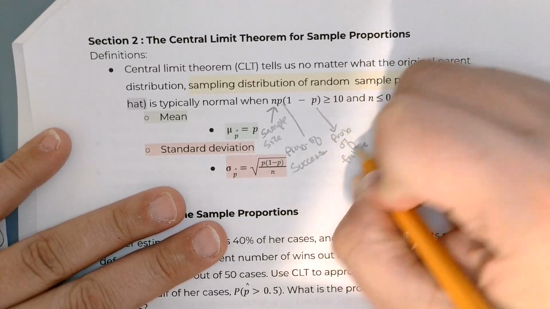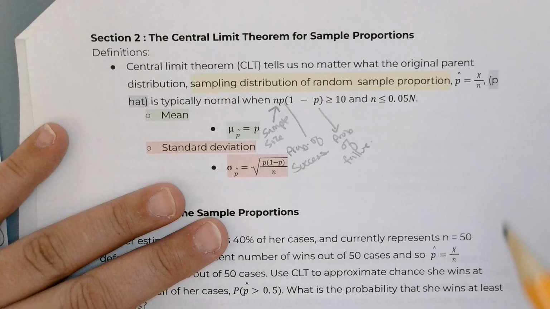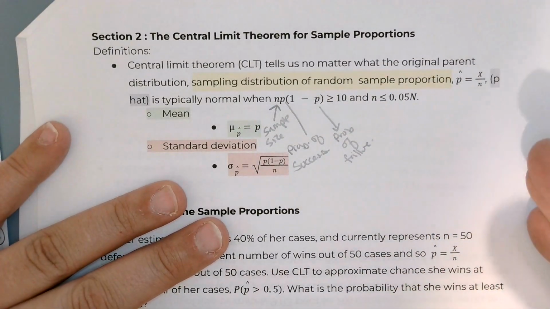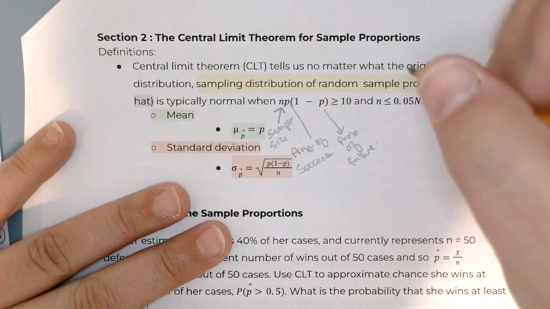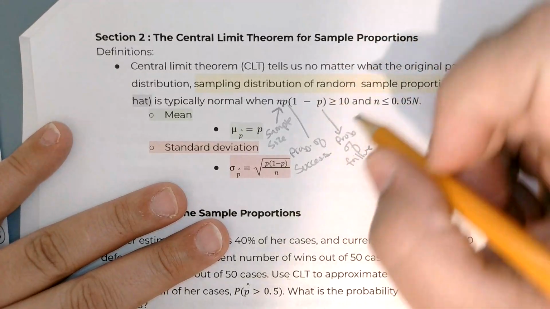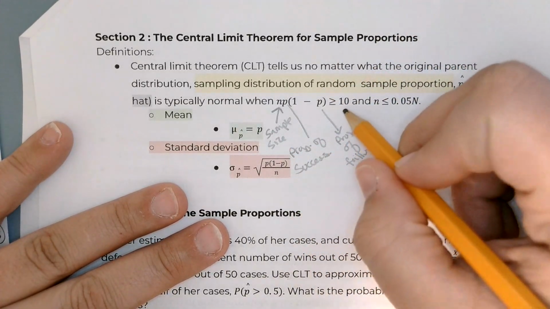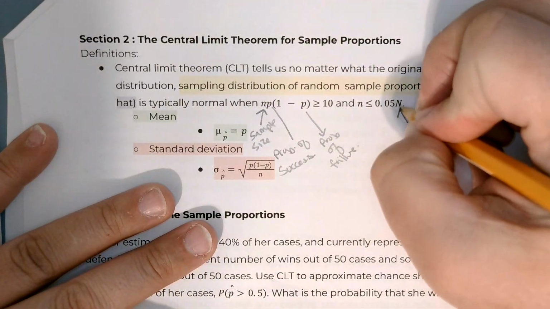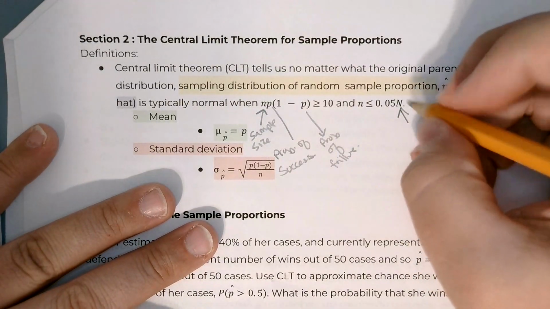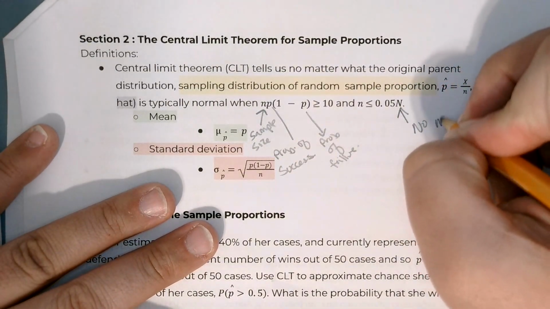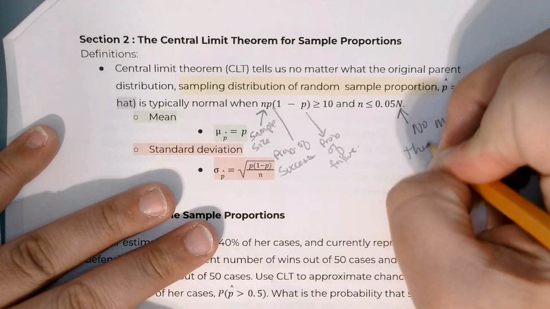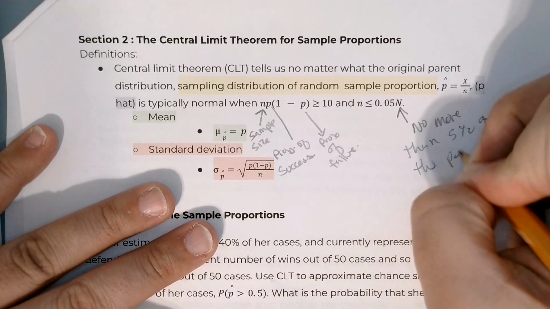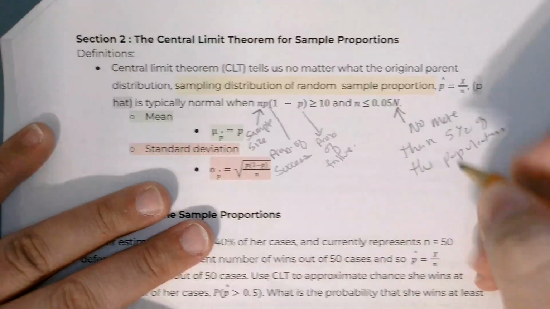So if we're looking at a binomial distribution, we can still use the central limit theorem, as long as, when I multiply all of this together, we have a number that's greater than or equal to 10, and we can ensure independence of outcomes. So no more than 5% of the population can be in our sample.